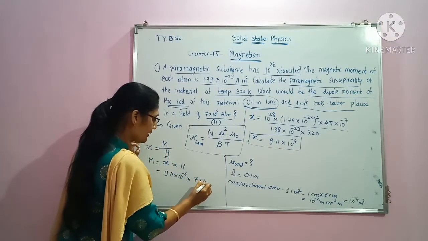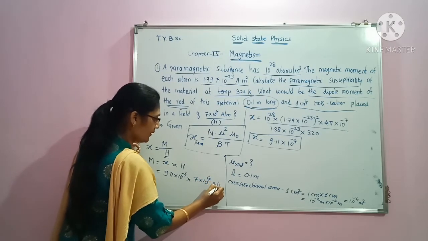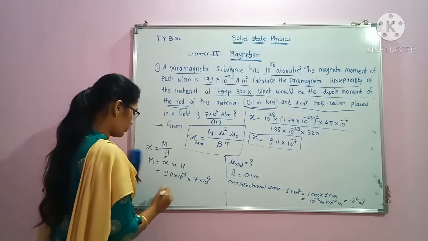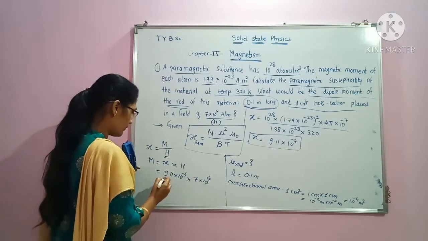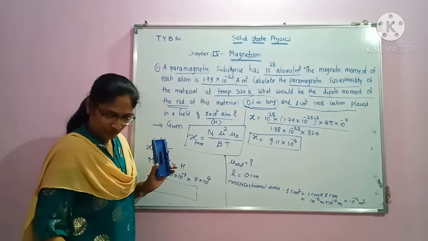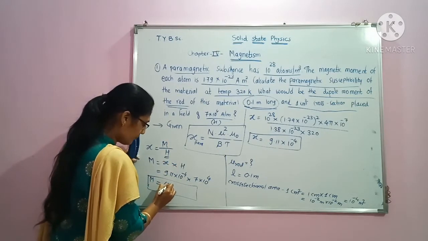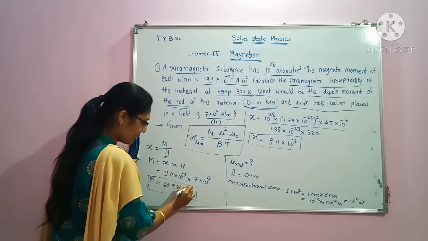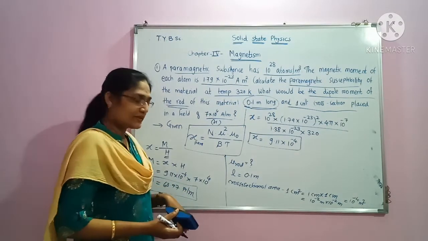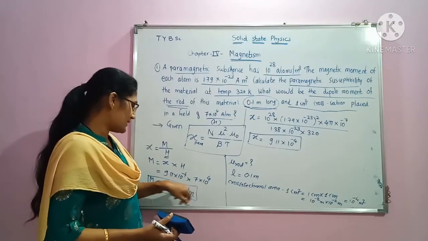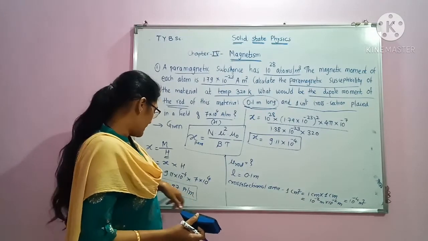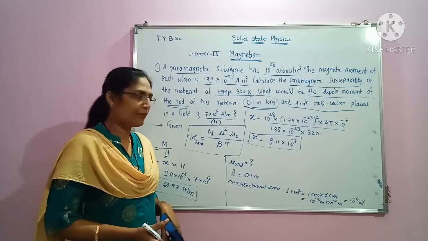So by multiplying and solving this, we will obtain the value of M as 63.77 ampere per meter. 63.77 ampere per meter is the value of magnetization produced.